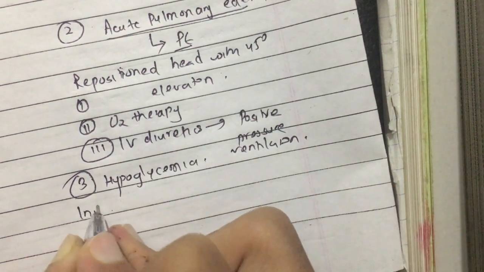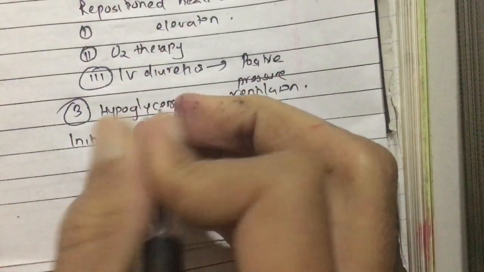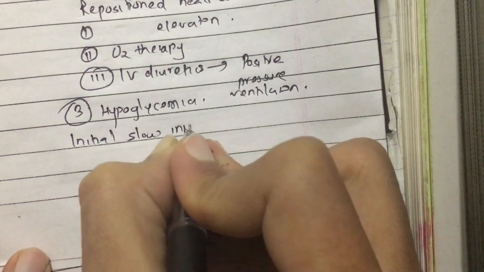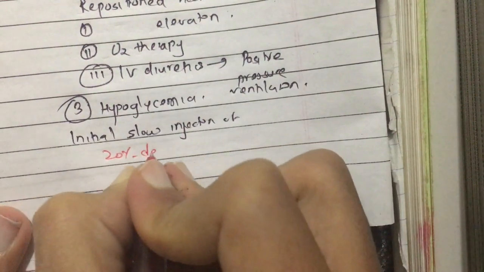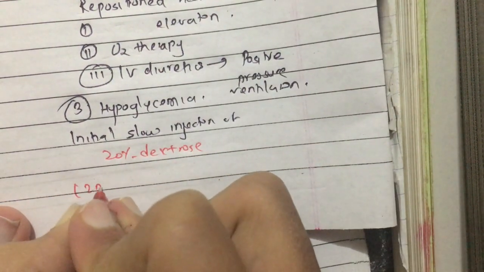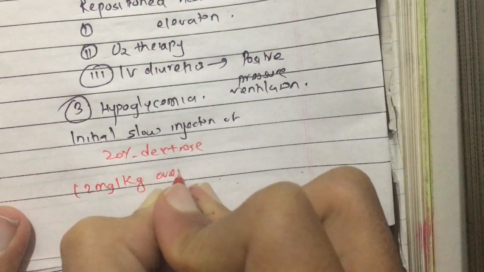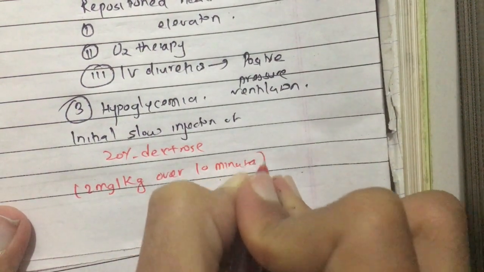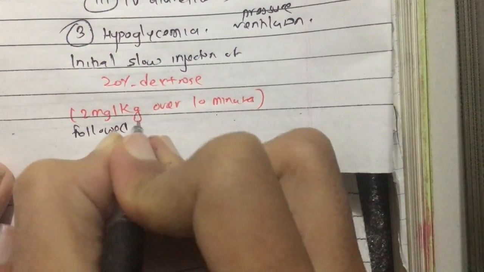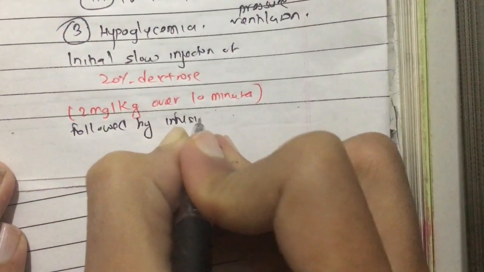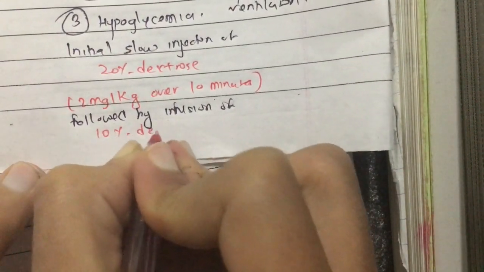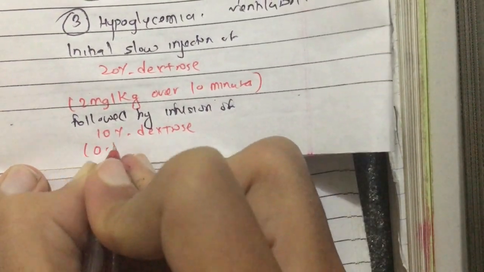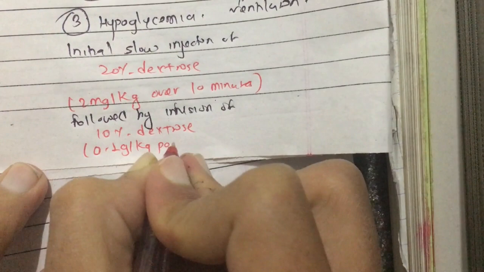Initially, a slow injection of 20% dextrose, that is 2 mg per kg over 10 minutes, followed by infusion of 10% dextrose, 0.1 gram per kg per hour.